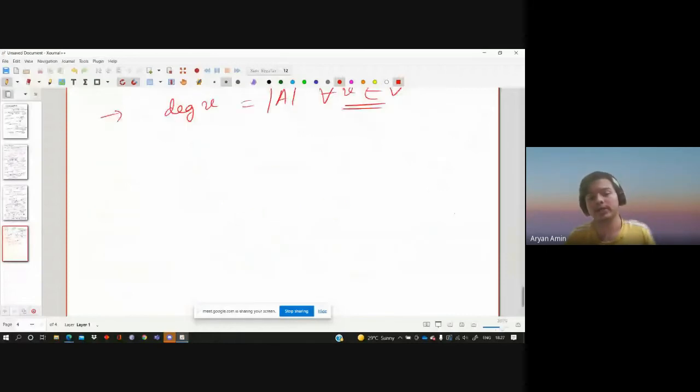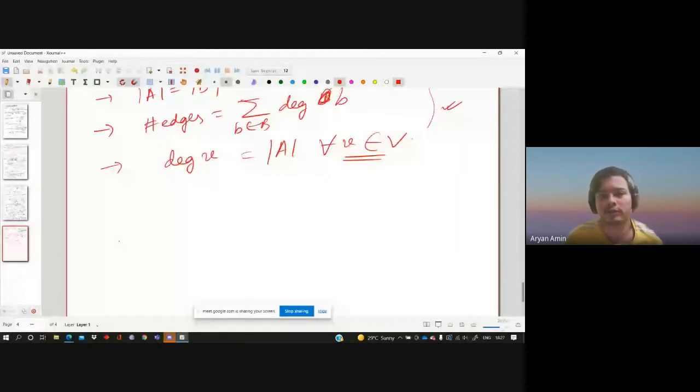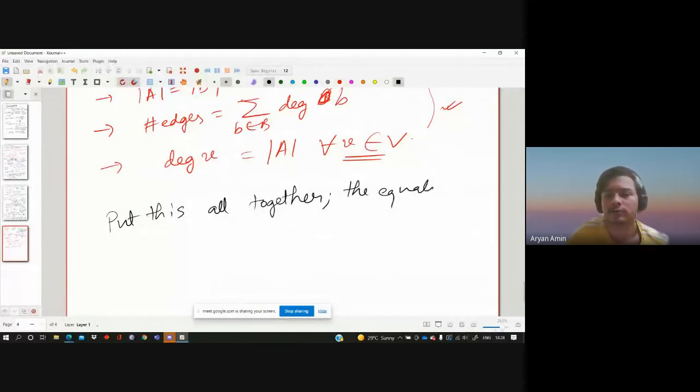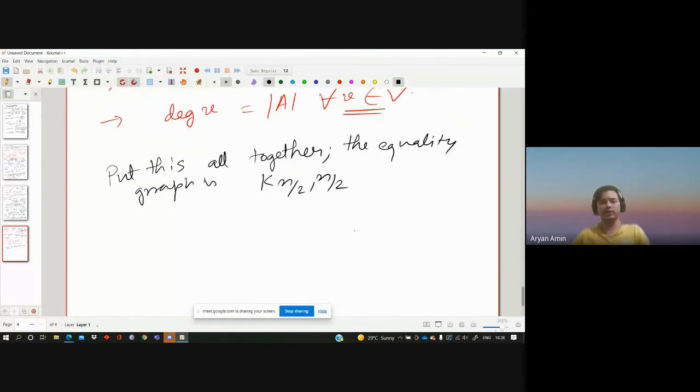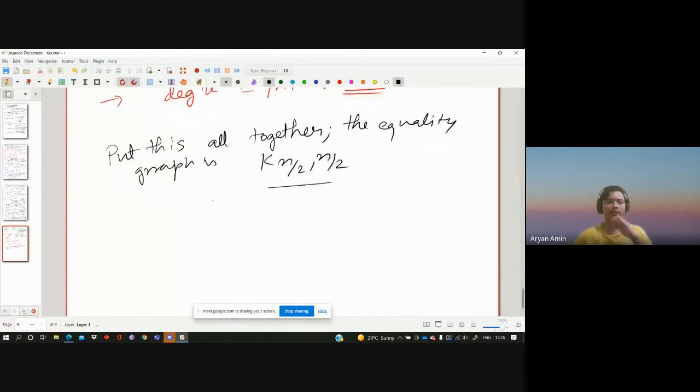So it turns out that if you put this all together, then the equality graph is K_{n/2,n/2}, the complete bipartite graph with every partition having n/2 vertices.